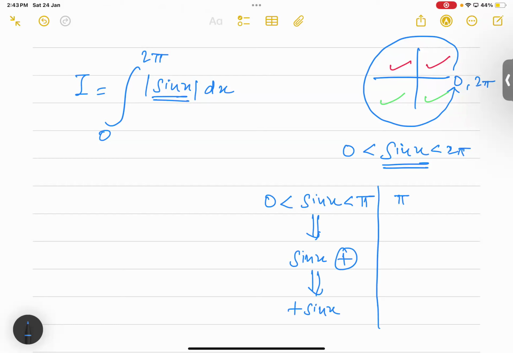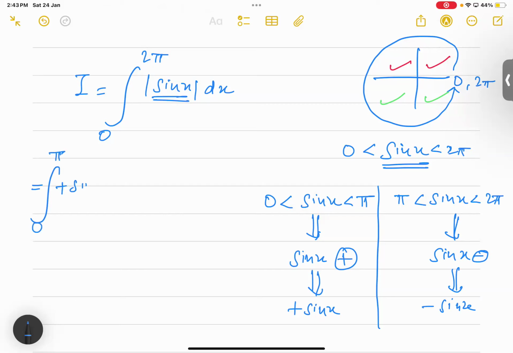Now pi to 2 pi: sin x is negative, so this is minus sin x. So this problem will be broken down into two parts: 0 to pi plus sin x dx, and pi to 2 pi minus sin x dx.